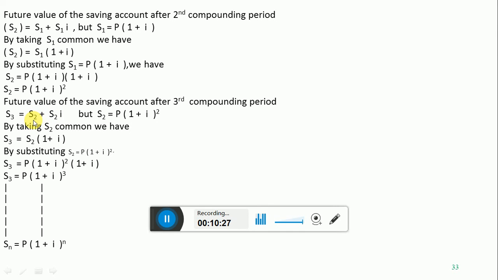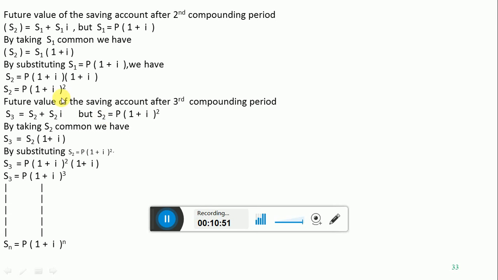Because this is the third period, and in the first two periods the principal amount earned interest 2 times, and this is added to the principal amount. That is why in the third period our principal amount in the account is S2, plus S2I.